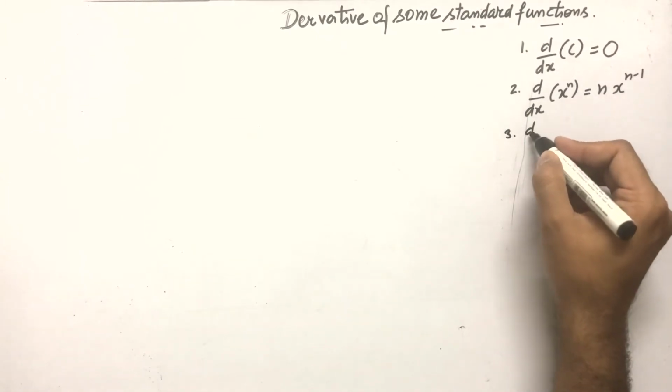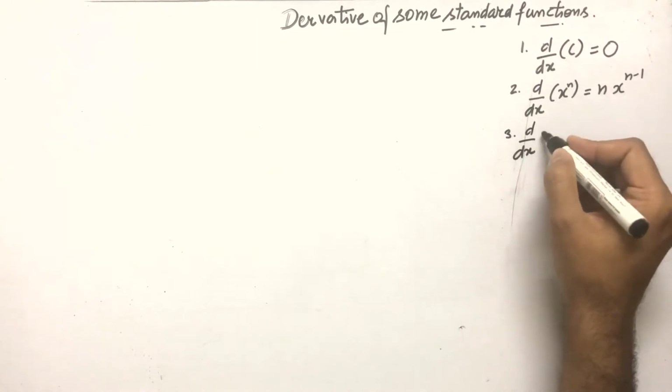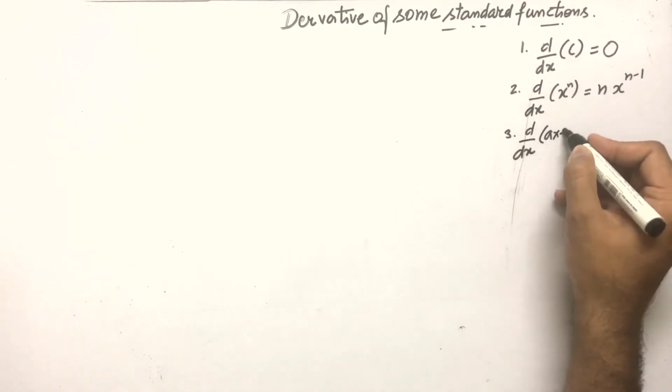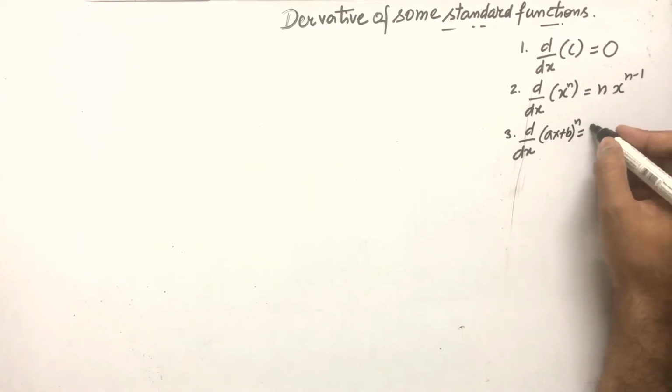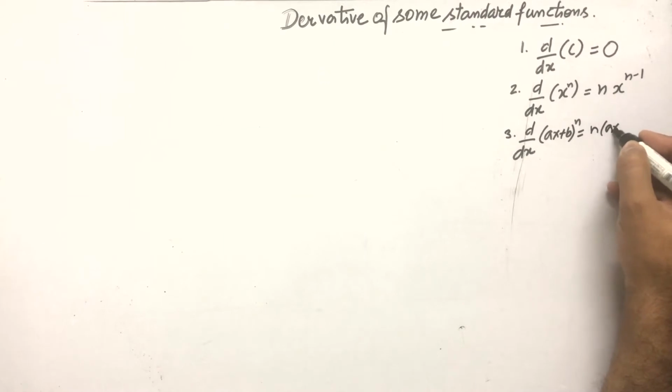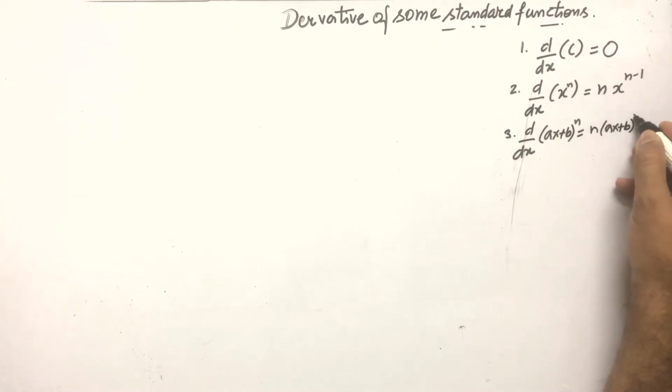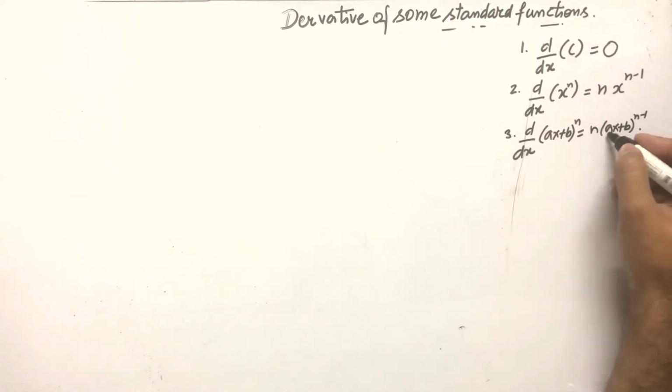Third is, if we have dy by dx of (ax plus b) power n, then the formula is n (ax plus b) power n minus 1 into a.